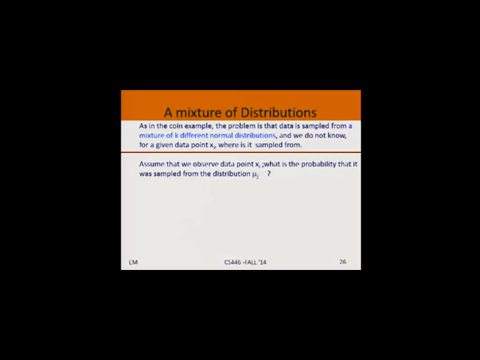The first thing we want to do is assign a label to the data point. We make an assumption on our parameters, and given these assumptions, for each option, each mu i, we compute the probability that this is the mu i of this point. That's what we're doing.